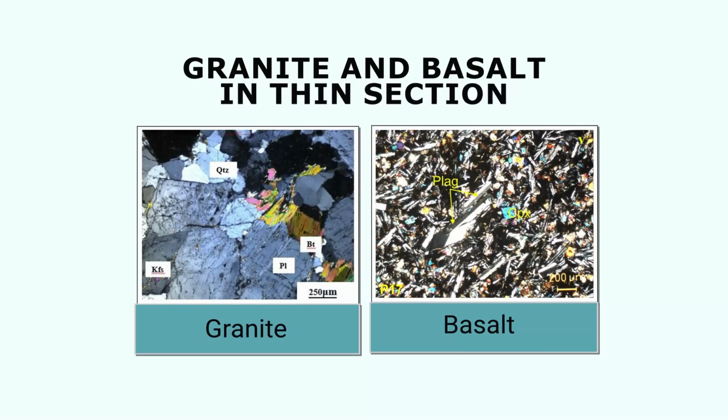On my left-hand side is granite, and on the right-hand side is a basalt thin section under the microscope. The minerals seen in the granite slide are quartz, biotite, plagioclase, and K-feldspar, and plagioclase, augite or clinopyroxene are seen in the basalt thin section.